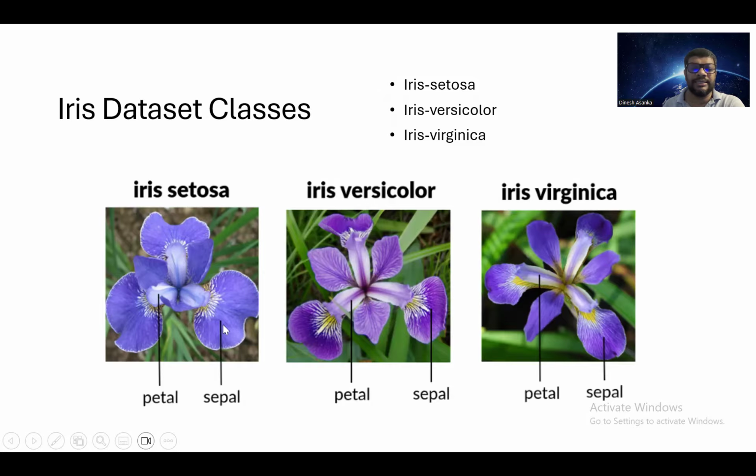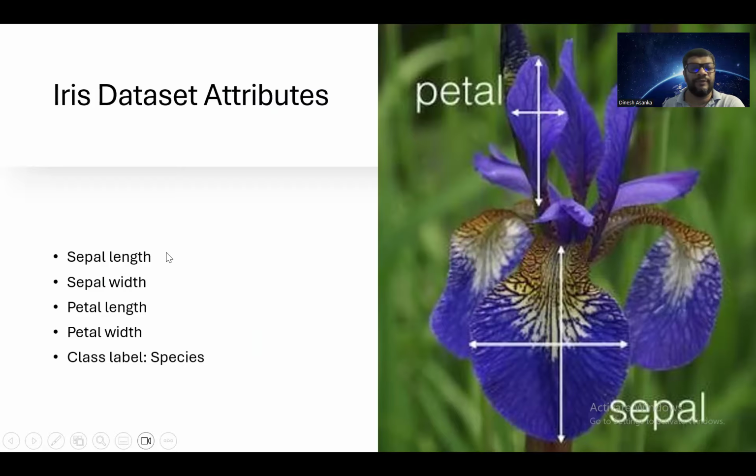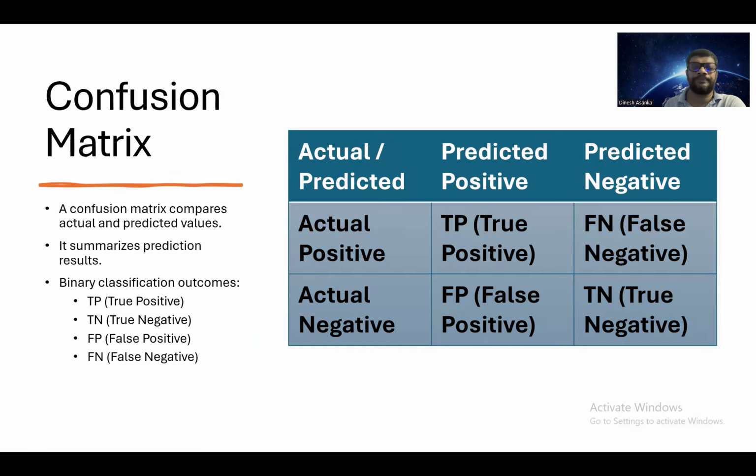This is the petal, this is the sepal, and we have the petal length and the petal width. So we have the four variables: sepal length, sepal width, petal length, petal width. So depending on those four parameters, we are going to define what is the flower class.